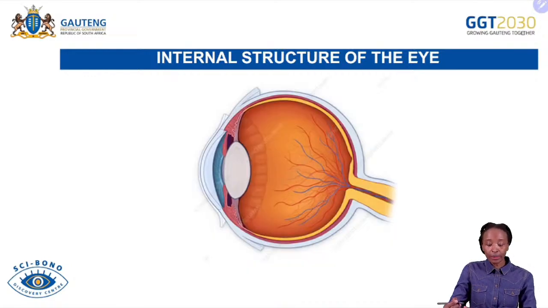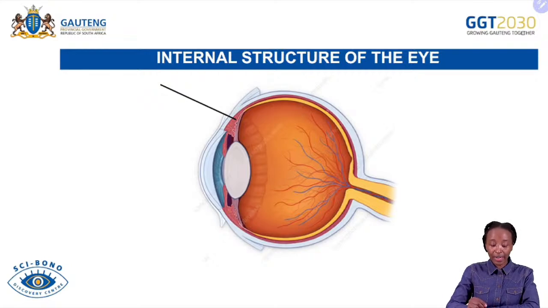Then moving on, if we look further, we said the choroid is the innermost layer. It is richly supplied with blood vessels. And then in front, this innermost layer becomes the ciliary body. It has ciliary muscles, and you'll learn later the function of the ciliary muscles.